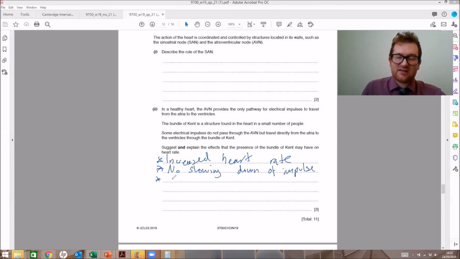This can effectively cause the ventricles to contract more often, more frequently than they're supposed to. And as a result, you could end up with what's called an irregular heartbeat.